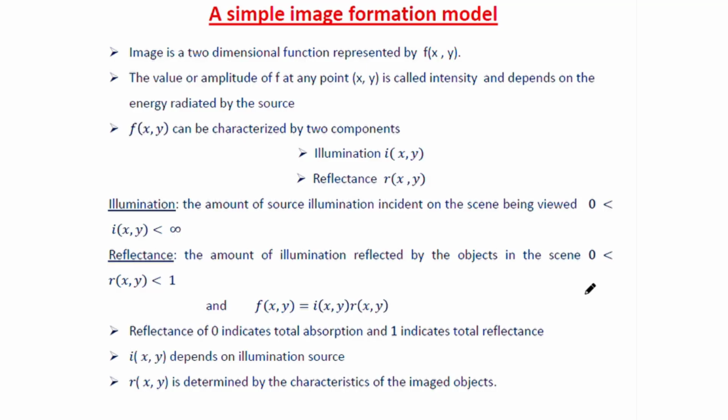The range is 0 to 1. 0 represents no reflectance, means the light is totally absorbed, and 1 means total reflectance. So totally your f of x comma y is the product of i of x comma y into r of x comma y. i of x comma y, illumination, depends on the source and the reflectance depends on the characteristics of the object.